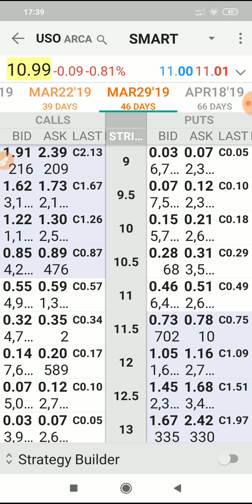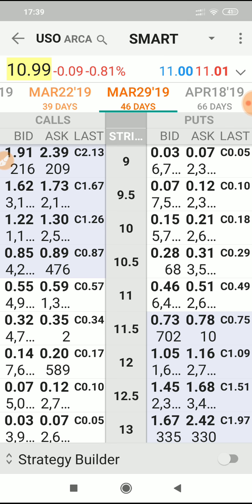I could choose to say I'm happy to buy USO at 10, and for that I can be paid $0.15 per share, which, because it's 100 shares, equates to $15 per contract.